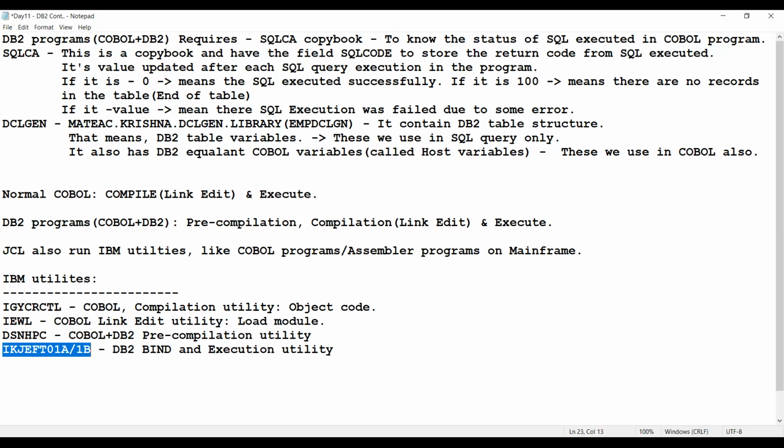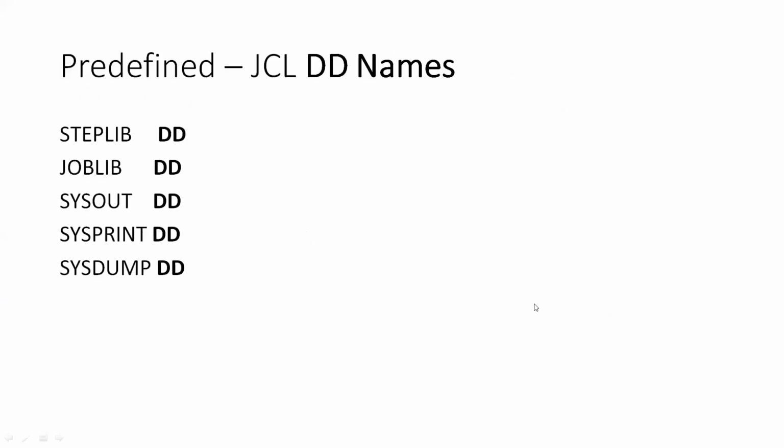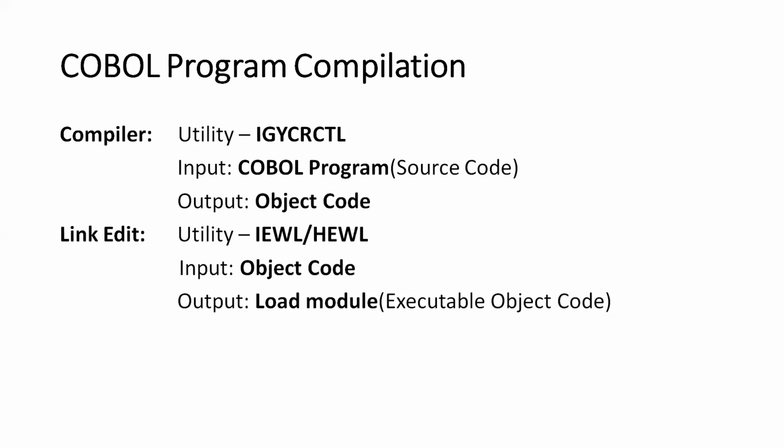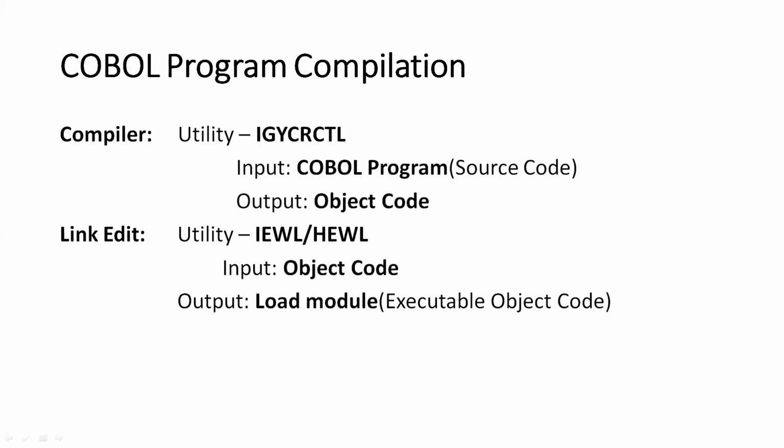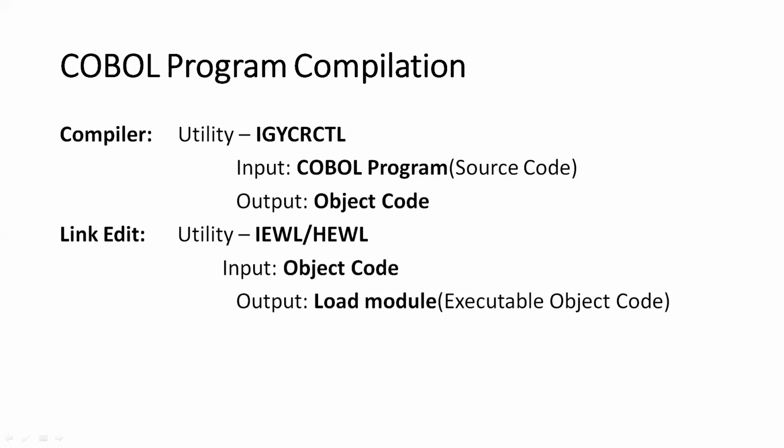Let me explain that in a better way. You can see the utility names and what the inputs and outputs of these utilities are. For the compiler, we have the utility IGYCRCTL, with COBOL program as input and object code as output.